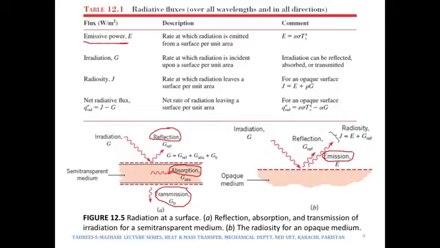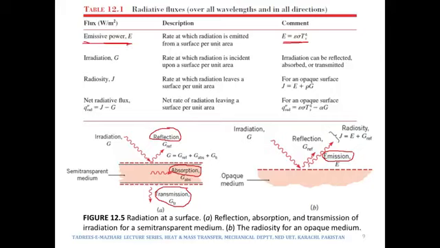Now, what is radiosity? See, there is something that we call emission, or rather emissive power. What is emissive power? Emissive power is given as sigma T^4 for a black body, and it is given as epsilon sigma T^4 for a real surface, where E is its emissive power, epsilon is the emissivity, which has a value of 1 for a black body, sigma is the Stefan-Boltzmann constant, and T is the temperature of that surface, whatever surface we have.